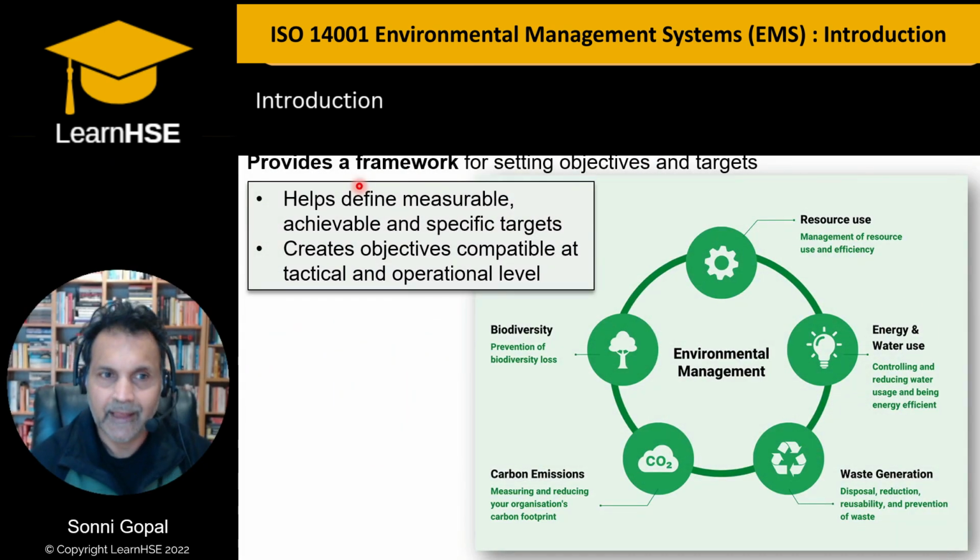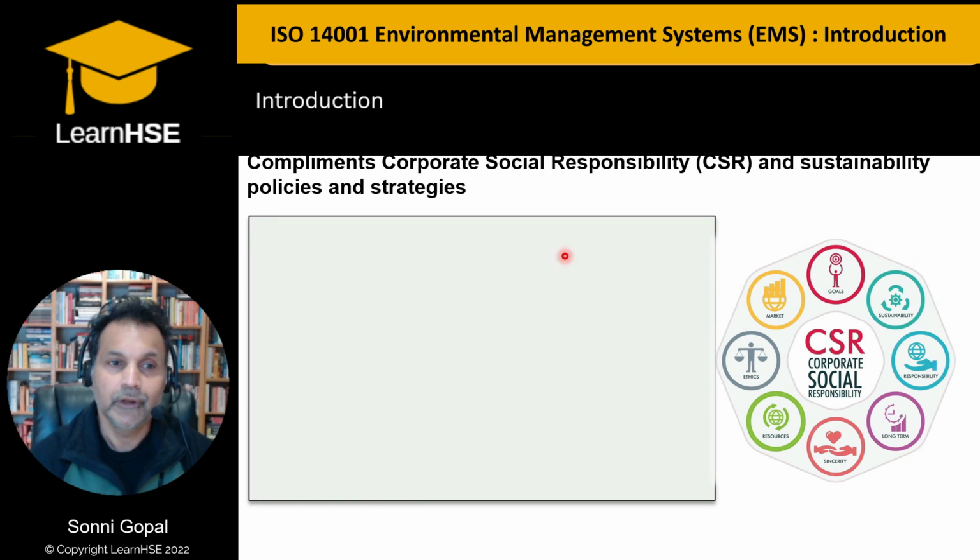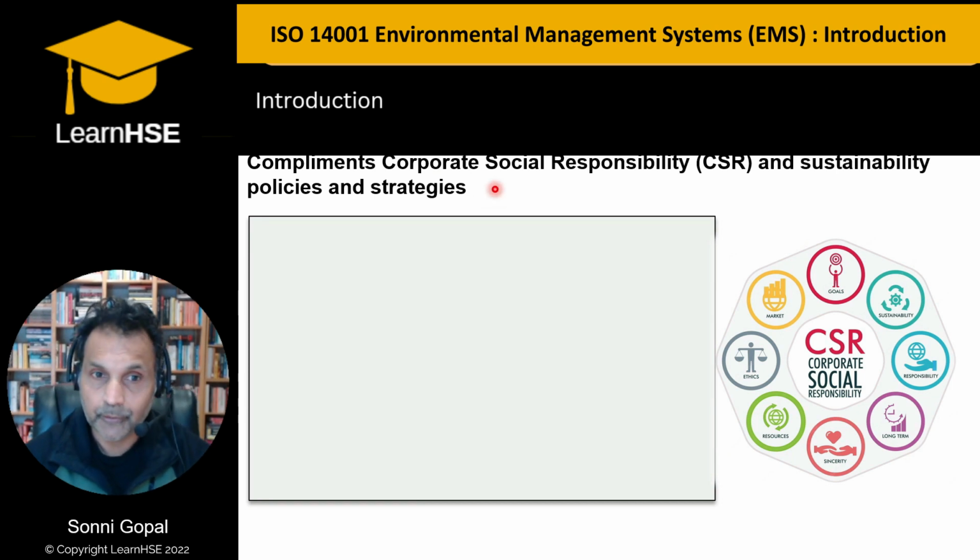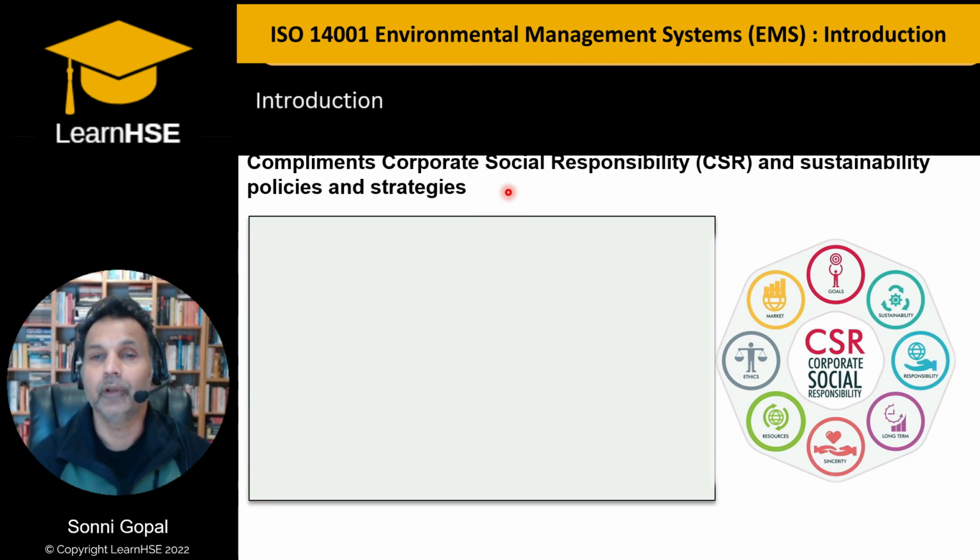It also provides a framework for setting objectives and targets, and this could be by helping us to define measurable and achievable specific targets, and it also helps us in creating objectives that are compatible at tactical, strategic and operational levels. This could be in terms of resource usage, energy and water use, waste generation, carbon emissions or biodiversity.